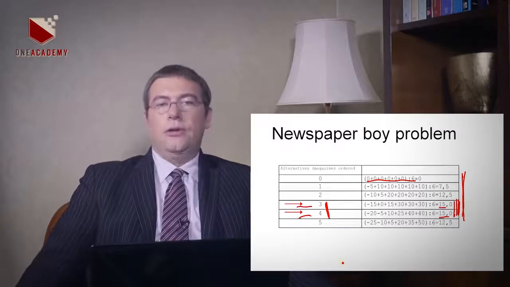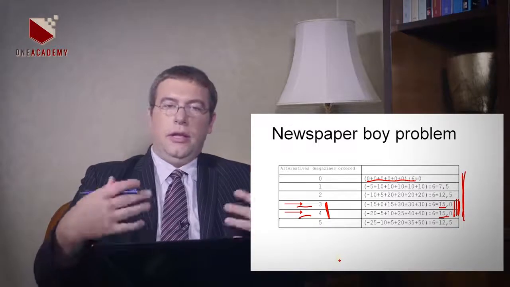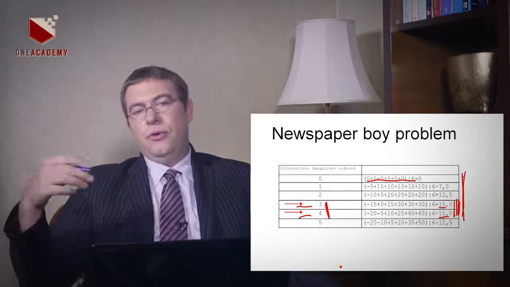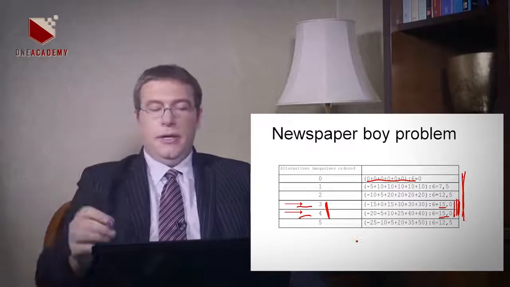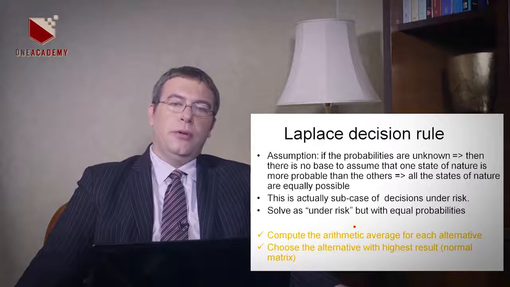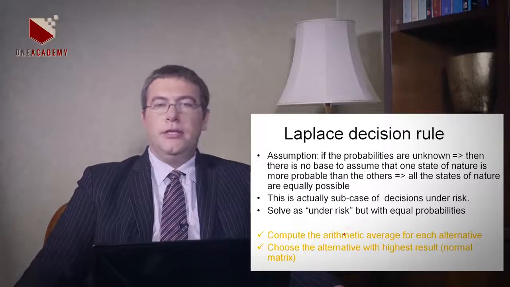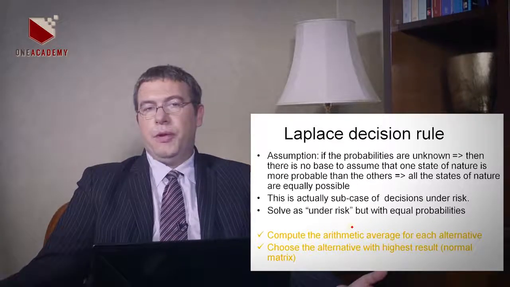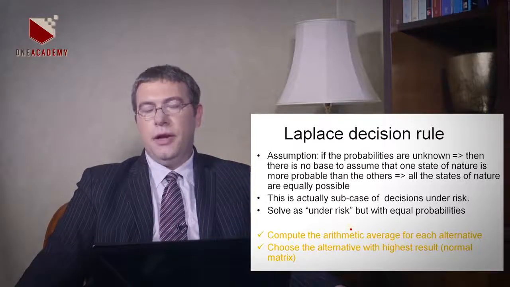Nonetheless, we are not trying to really solve the problem. We are only trying to give it as an example. So I would like to remind you, under the Laplace decision rule, we have the assumption that all the probabilities for each state of nature are equal, and this means that we can solve it through equal probabilities expected value.